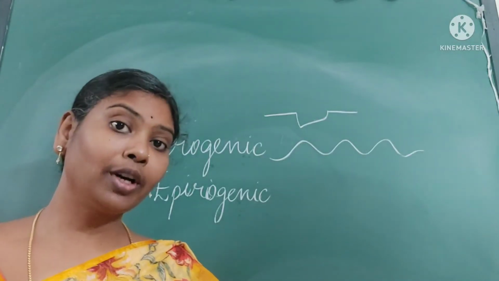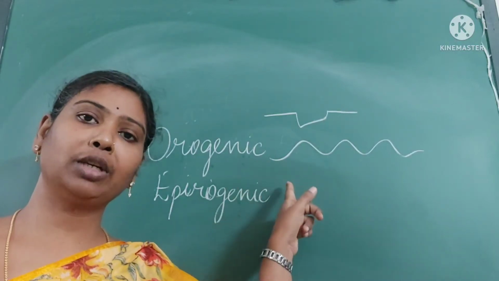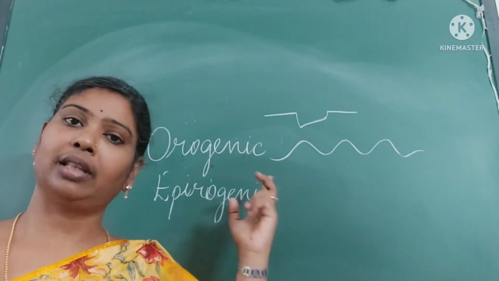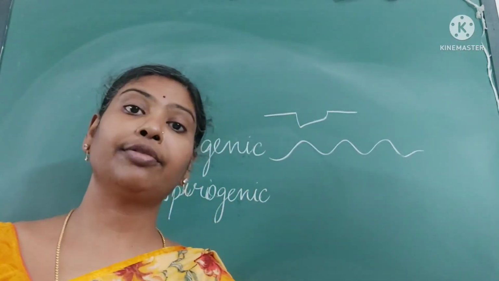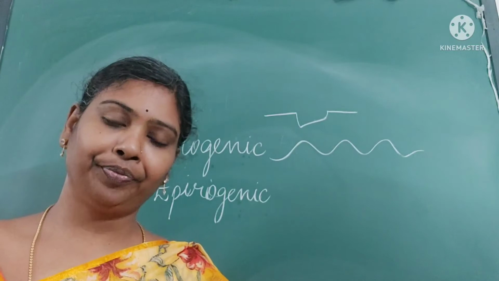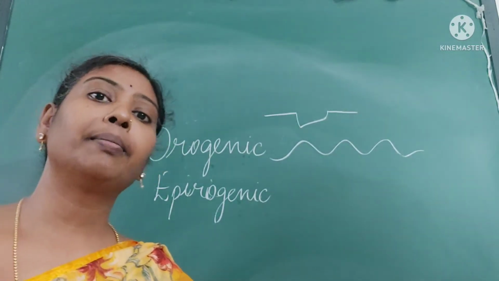Now let's see what is the outcome of all these epirogenic movements and orogenic movements. The outcome is what we have discussed earlier, that is the relief or the landform. Let's see the first landform, that is the mountains.